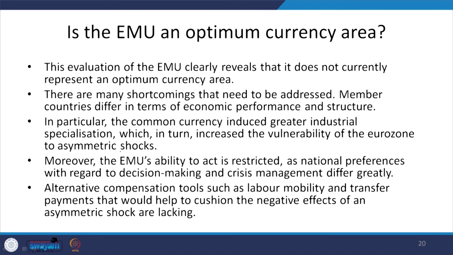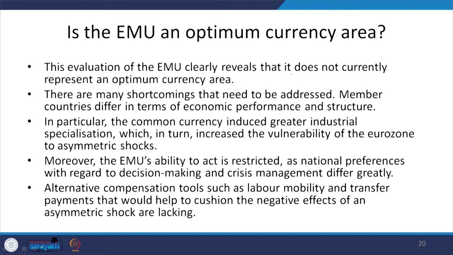Okay. In this regard, now some information to be noted is the EMU and optimum currency area. It is important to note that this evaluation of the EMU clearly reveals that it does not currently represent an optimum currency area. Based on the points we mentioned in different approaches, even the dollar has been more stable than the euro.